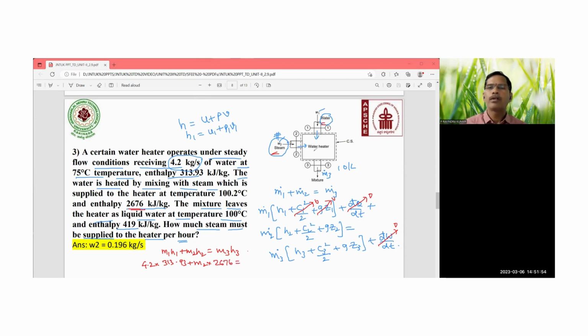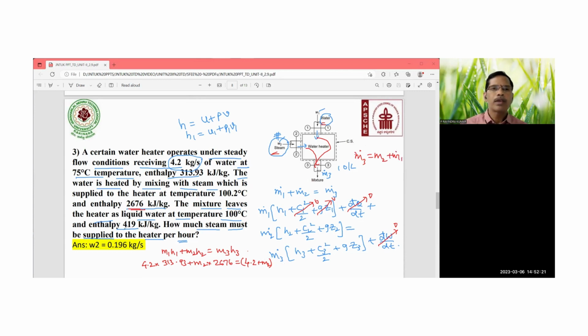Both the flow rates come here, so m3 is equal to 4.2 plus m2. M3 dot is nothing but m2 plus m1 dot into H3.